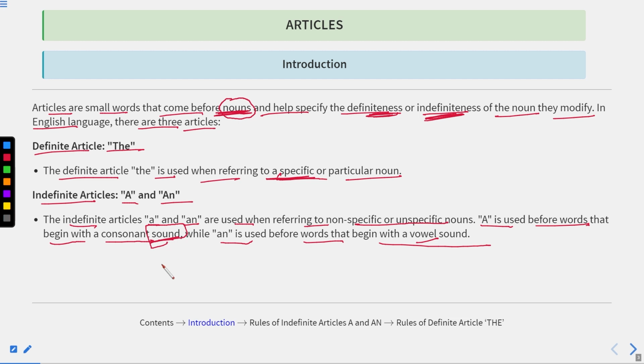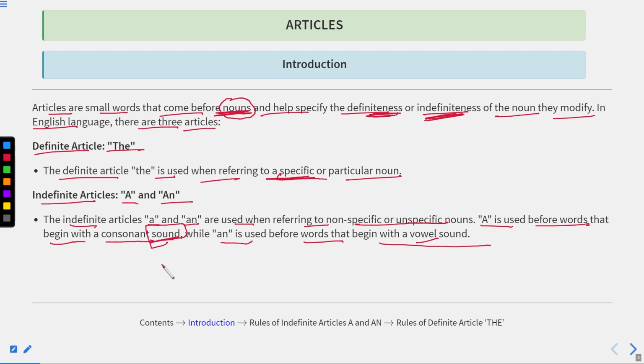The use of the indefinite article depends on the sound or the pronunciation of that particular word, not the spelling. This is a very, very important concept.